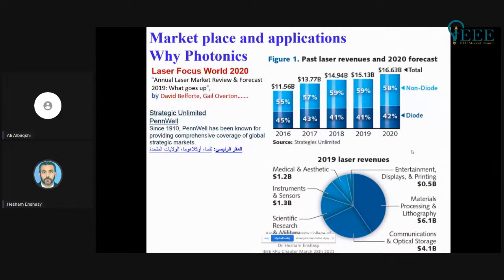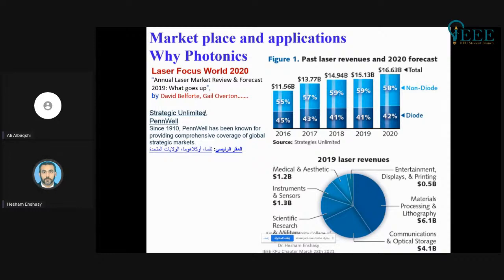Marketplace and applications for these lasers. We usually look at the Laser Focus World. This gives estimates and statistics about the marketplace of the lasers.